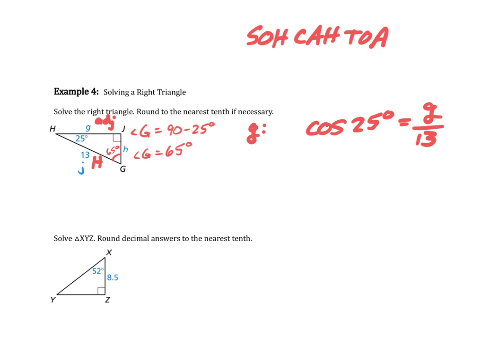If I was going from this angle down here, now this would be opposite and this would be adjacent. Does that make sense? So it depends on which angle you're using. I just chose to use this angle, okay? So here g would be adjacent to that angle because it's touching it. Does that answer your question? Okay.